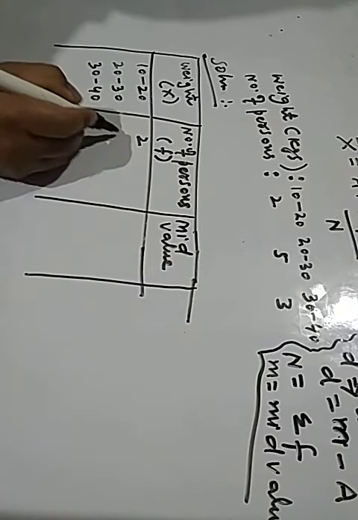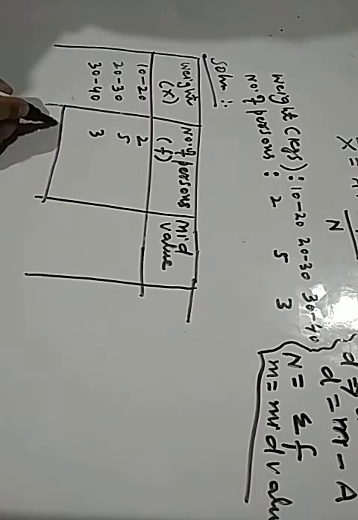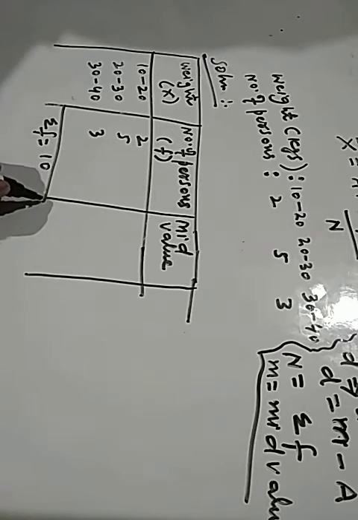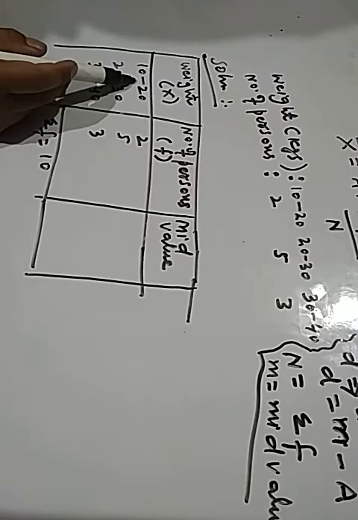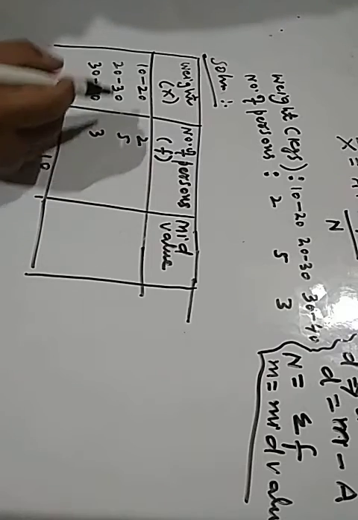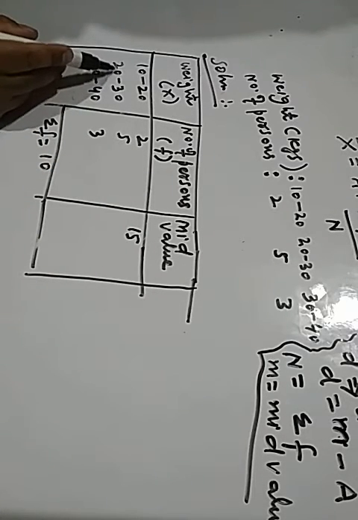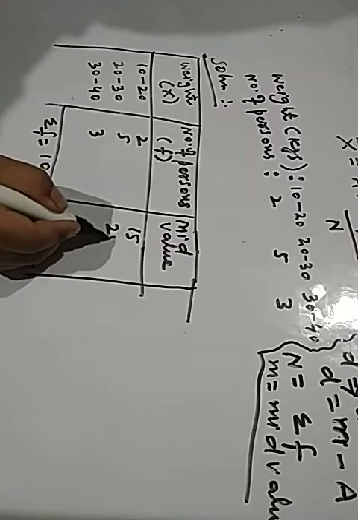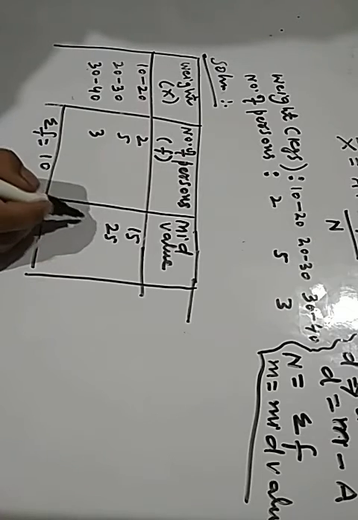First we will write frequency 2, 5 and 3, and sigma f, that is summation of frequency, adding up of frequency, is equal to 10, and mid value will be equal to 10 plus 20 divided by 2, which is 30 divided by 2, equal to 15, then 20 plus 30, 50 divided by 2, equal to 25, 30 plus 40 equal to 70 divided by 2, equal to 35.